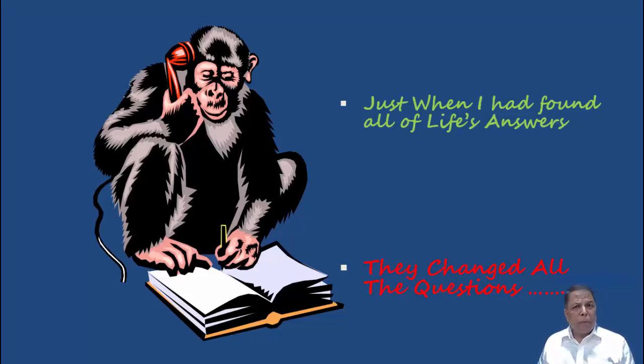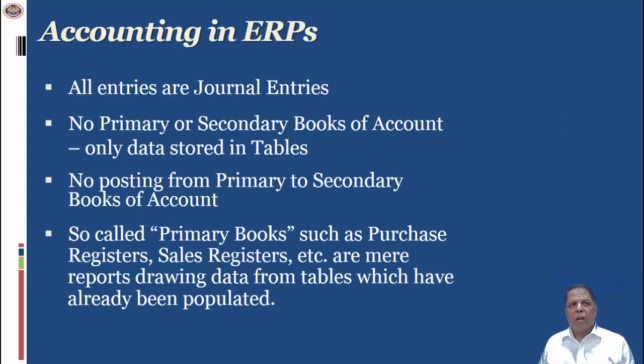So folks, before I proceed, let me explain what has changed in accounting in ERP environments before we touch the audit of ERP environments. In ERP environments, as theory goes, technically all accounting entries are journal entries.